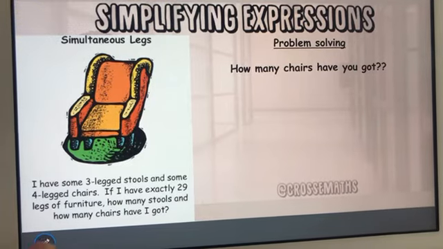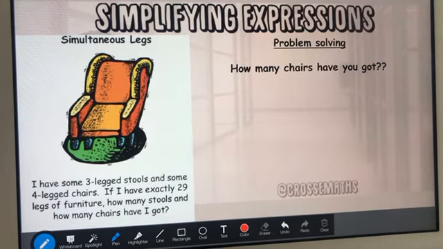Right, last minute, guys. Right then, the way to solve this, we're starting with the number 29.